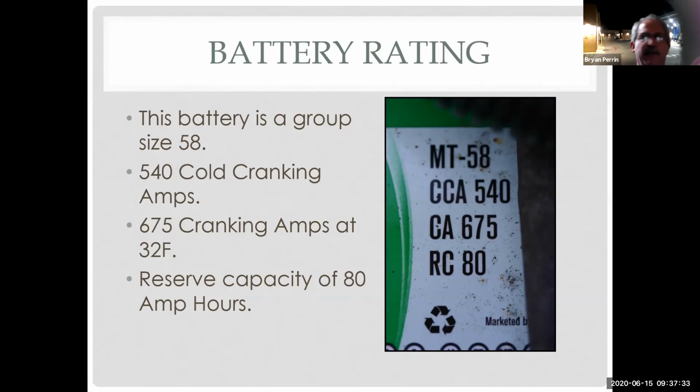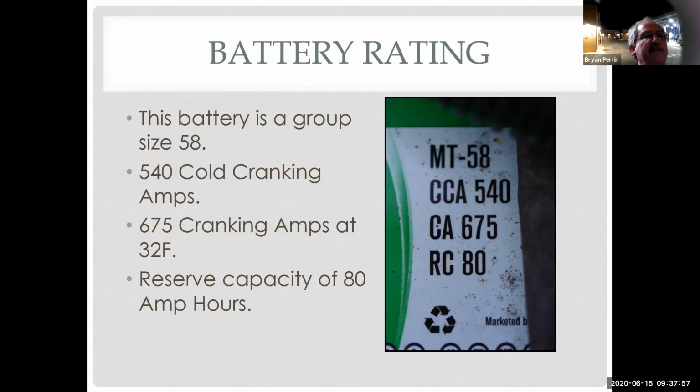Hey, I need a 700 cold cranking amp battery. Well, here's a 700 cranking amp battery. We just left a word off, and look at how much cheaper it is. So it was not uncommon back then for customers to buy a battery over the counter based on cranking amps, not on cold cranking amps, which is what the manufacturer specifies, and it was not adequate for the vehicle.